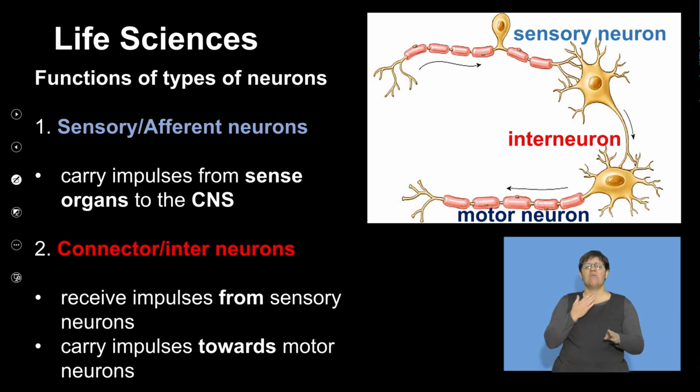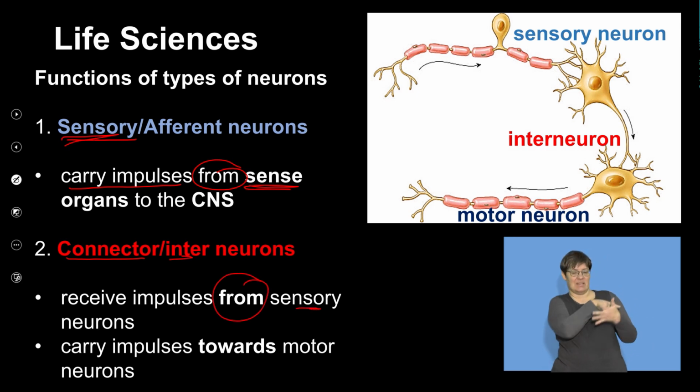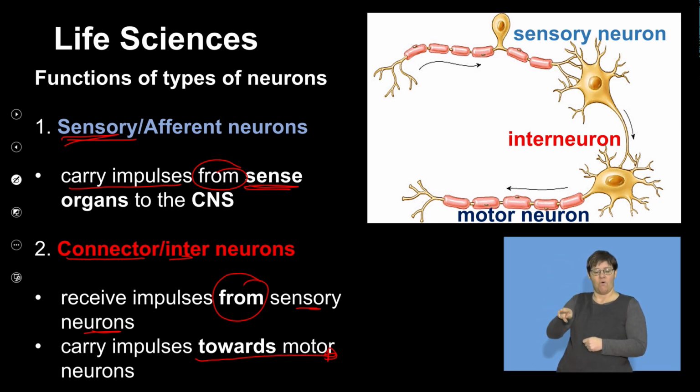Then the functions. Here, I use different colors so that you should remember the functions. I already said the sensory neuron carries the impulse from the sense organ, sensory. The connector neuron or interneuron receives impulse from the sensory neuron, and it carries that impulse towards the motor neuron.